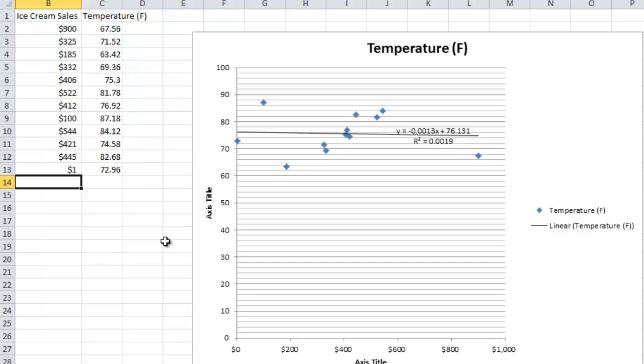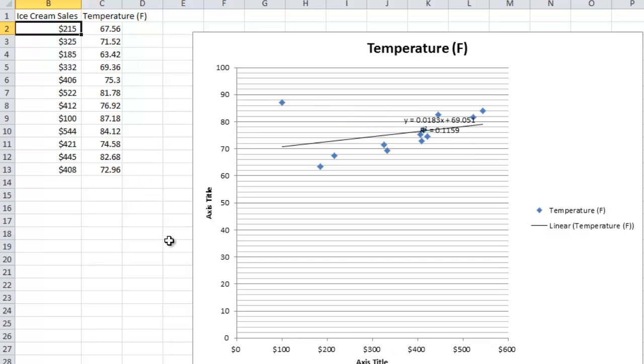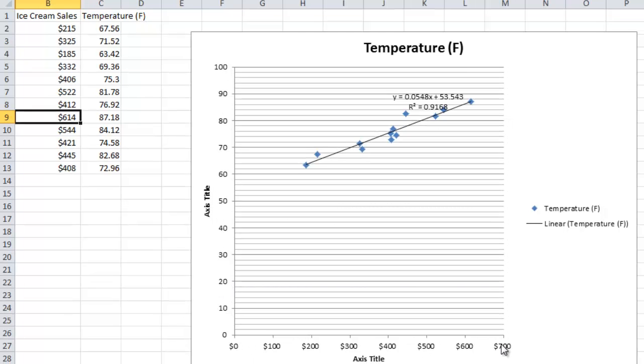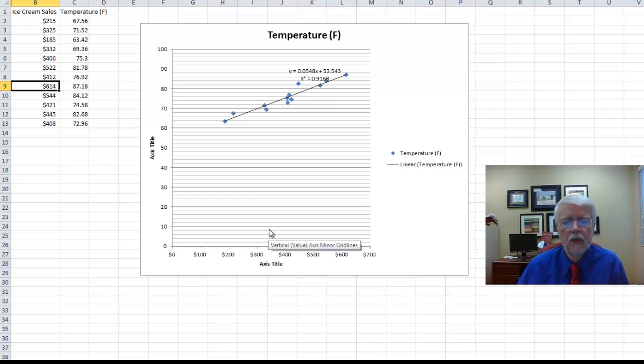But if I undo those, we're back to this way. You can see that as the temperature goes up, my sales go up, and vice versa. So this is what we're talking about with a scatter plot, showing the relationship between two sets of numbers.